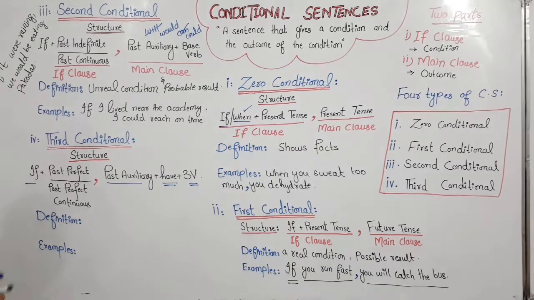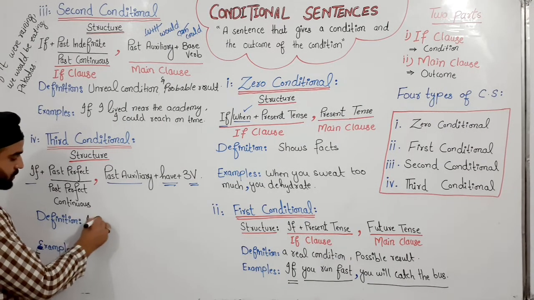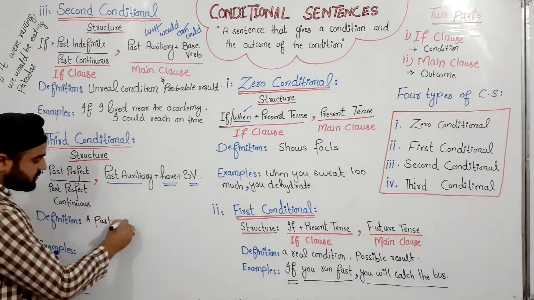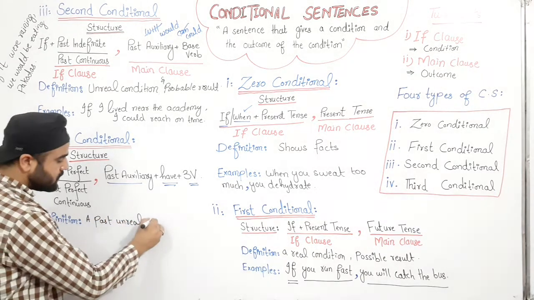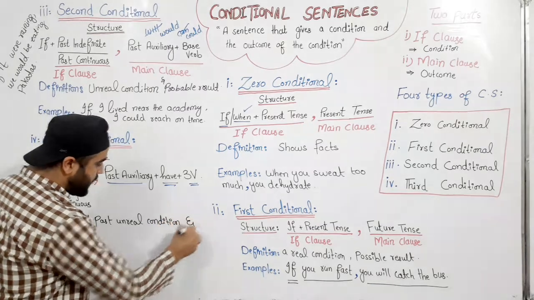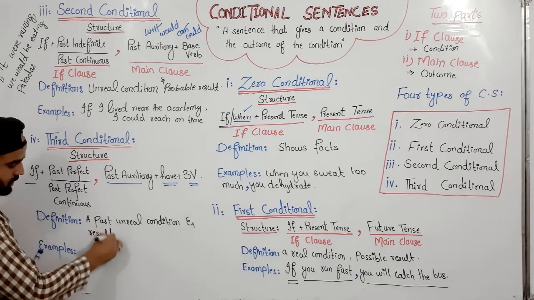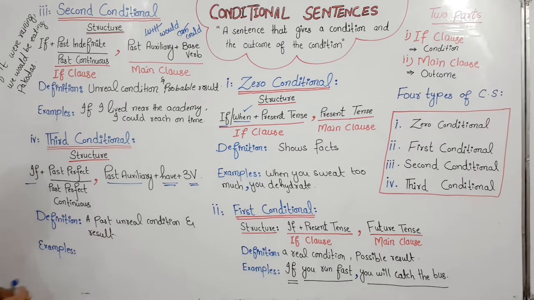The definition is that it shows a past unreal condition and its result in the past, right?